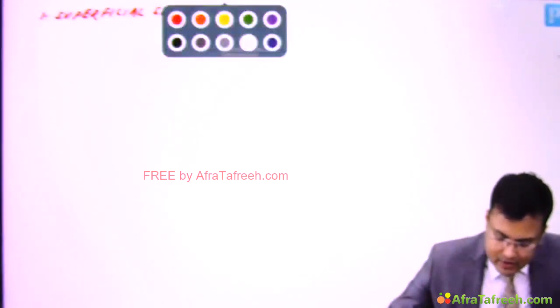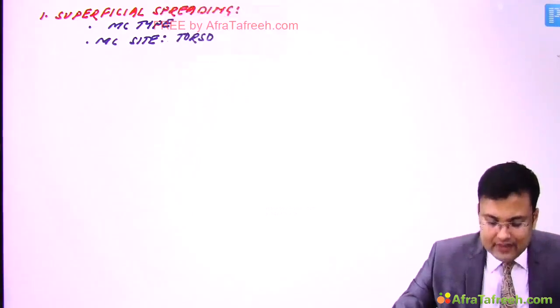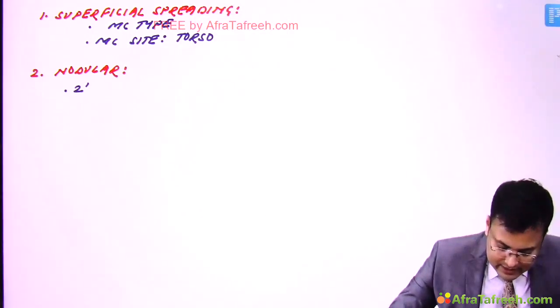So this is the most common type of malignant melanoma, and the most common site is torso or trunk. Clear? After that, there is nodular. Nodular is the second most common, and this is the most malignant.